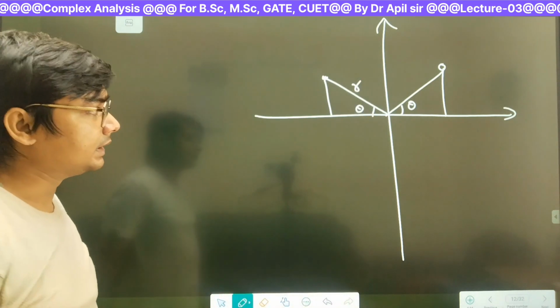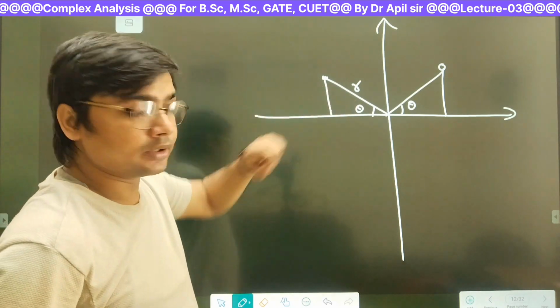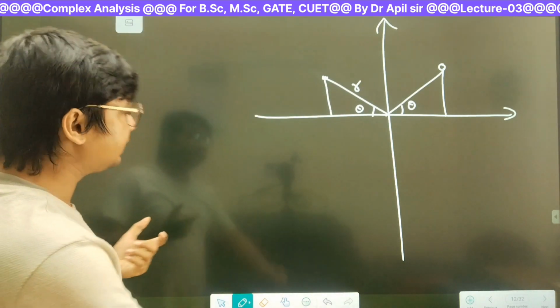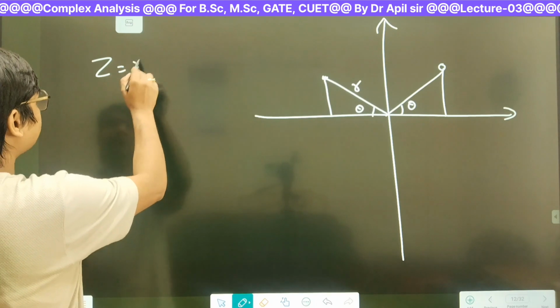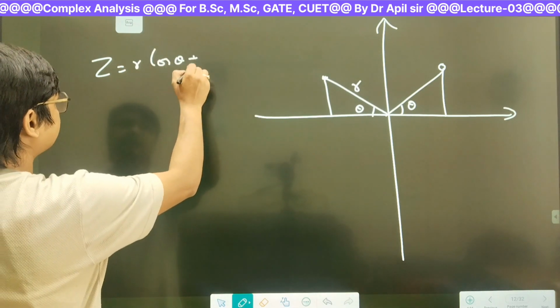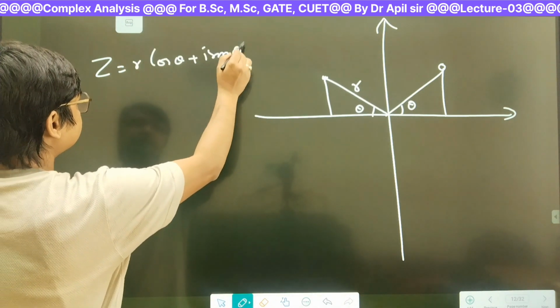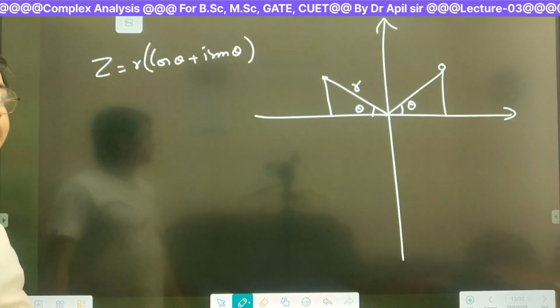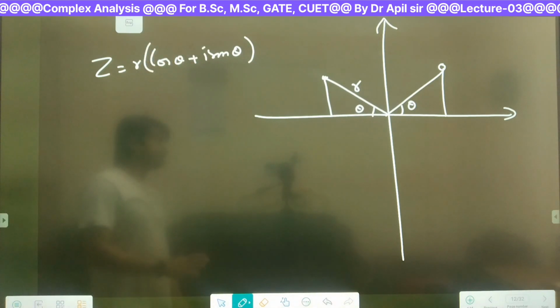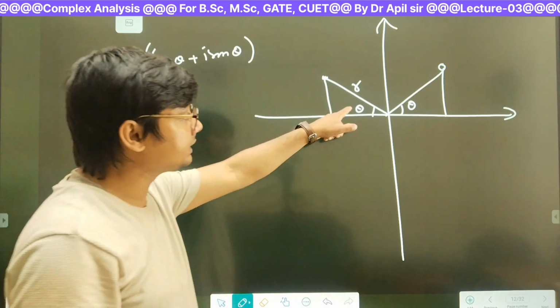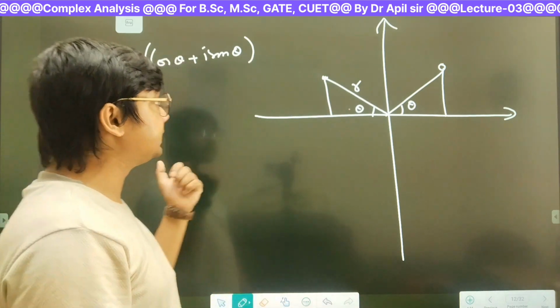If we use this triangle, then also we can easily find z equal to r of cos theta plus i sine theta. This thing we can easily establish, right? But the question is whether this theta is called the argument of this z or not.